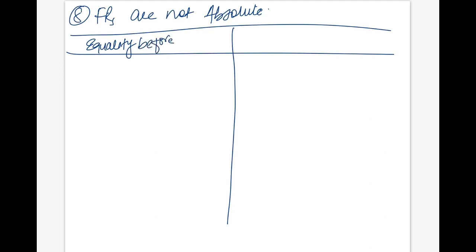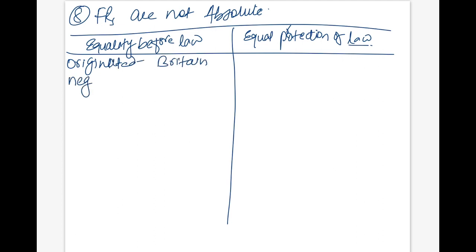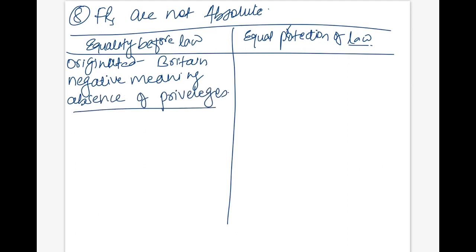Equality before law and equal protection of law. The concept of equality before law originated in Britain. It conveys a negative meaning, suggests absence of privileges, which means no special favor in the eye of law.